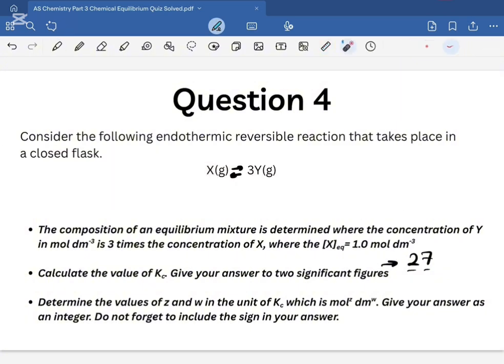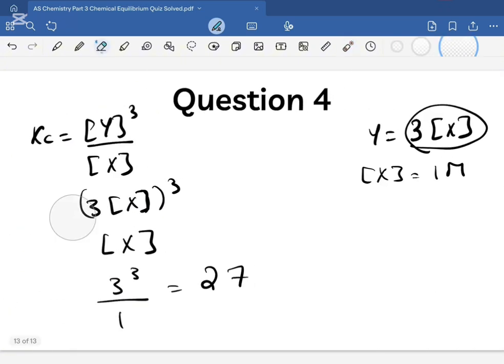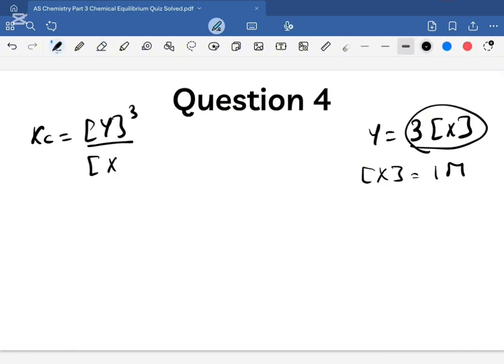Now, in the next question, they said that we need to determine the values of Z and W in the unit of Kc, which is mole^Z dm^W, and to give your answer as an integer, and do not forget to include the sign in your answer. So first I have to find the unit for the Kc. So Kc is M to the power of 3 over the concentration of X, which is M. So if I cancel, I'm going to get M squared.